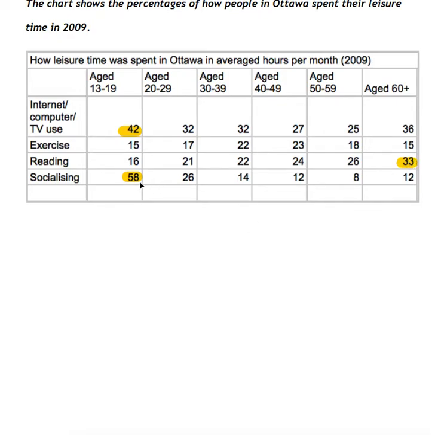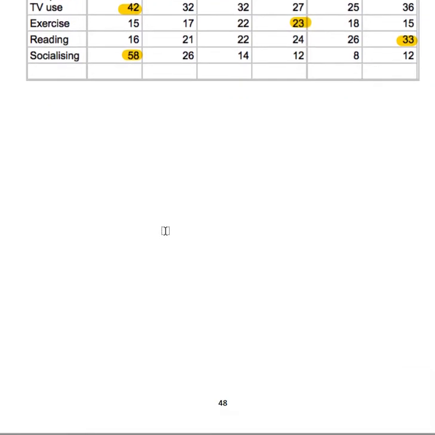Probably first socializing, second internet, computer, TV use, third reading because it's high here, and last exercise. Okay. So one paragraph about socializing, TV, internet, computer. And another paragraph about exercise and reading. Looks fun. Okay, page 48.